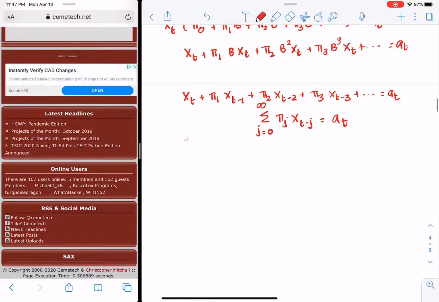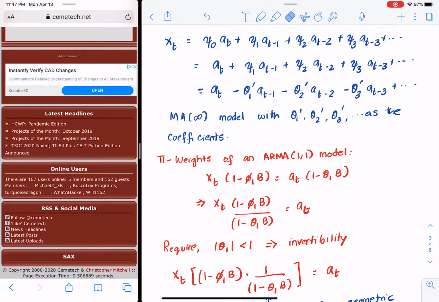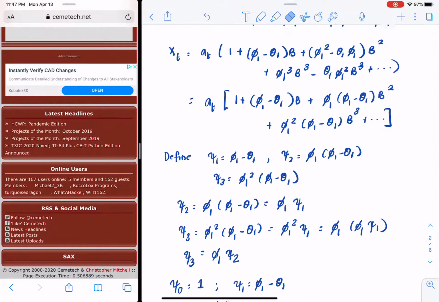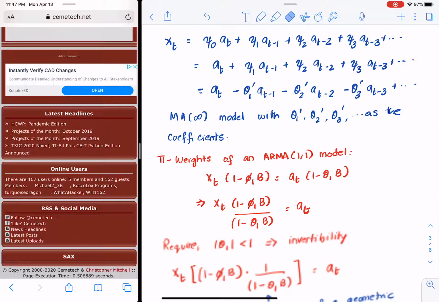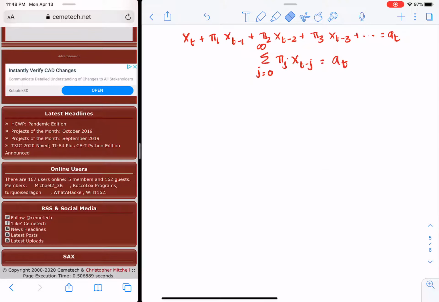And so if we go back, we would have a similar representation, the MA infinity side, and I could write it as x_t equals a sub t minus the sum over j of theta j prime.